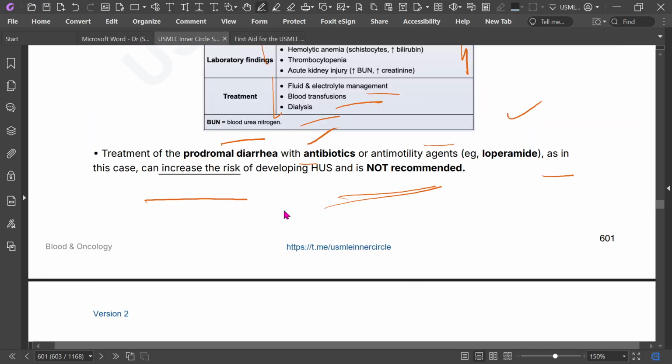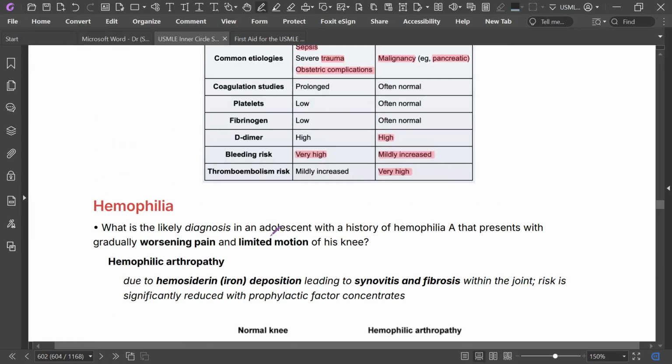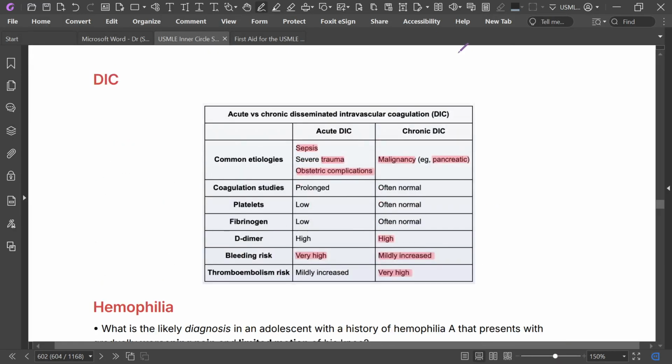Okay, now DIC. Acute DIC is seen with sepsis, trauma, and obstetric complications, and chronic DIC with malignancy. In coagulation studies, PTT is high in acute DIC, often normal in chronic.